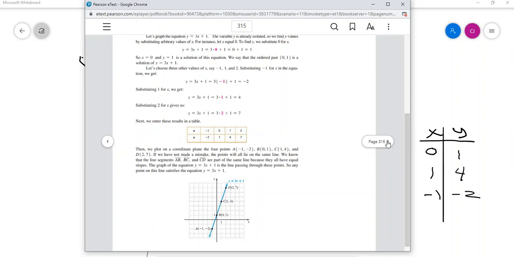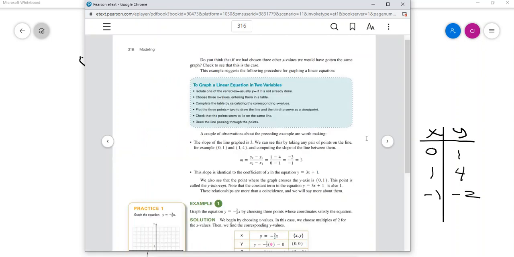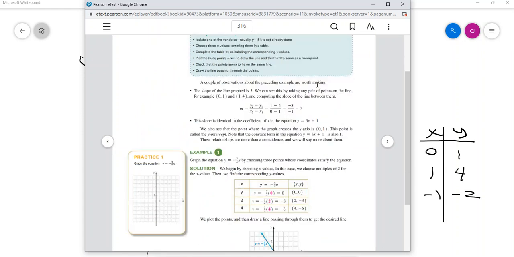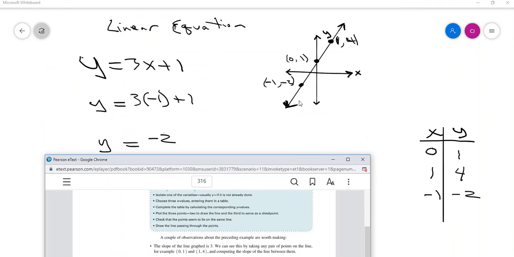Okay, so let's go to another example. One thing they said that you can do also is find the slope of that line. Well, we talked about slope, right? We talked about positive slope and negative slope and zero slope and undefined slope.